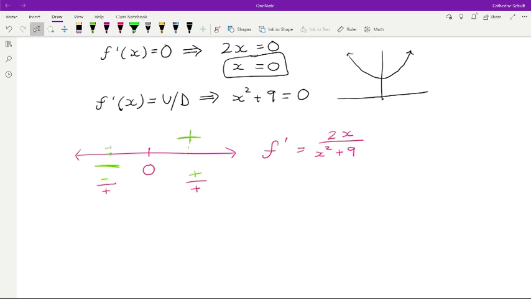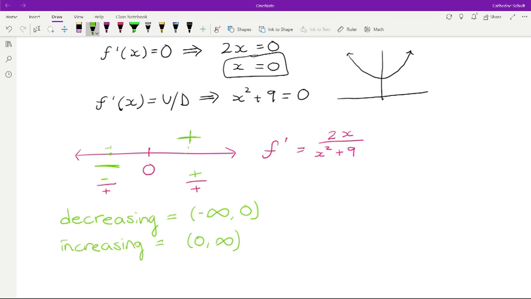The increasing decreasing test told us that f is decreasing where the derivative is negative, so -infinity to 0, and increasing when the derivative is positive, so 0 to infinity.